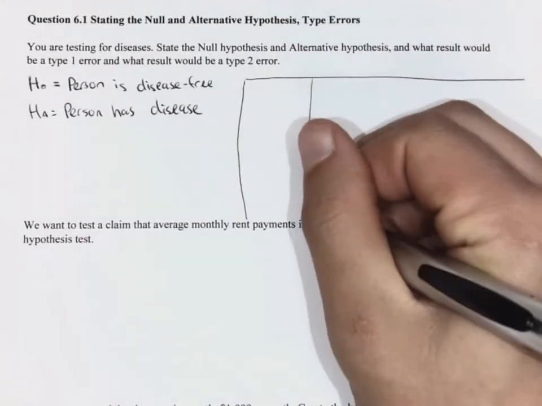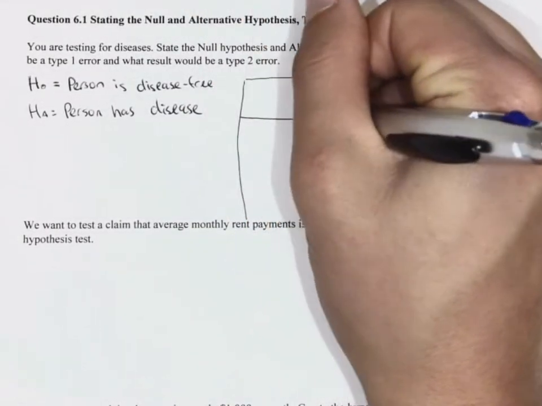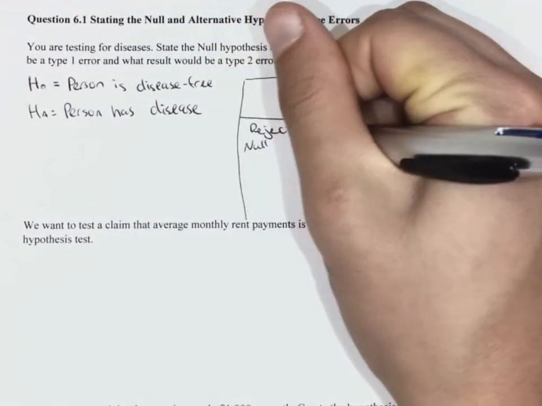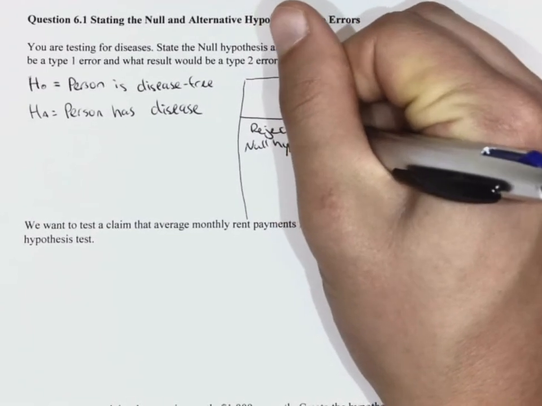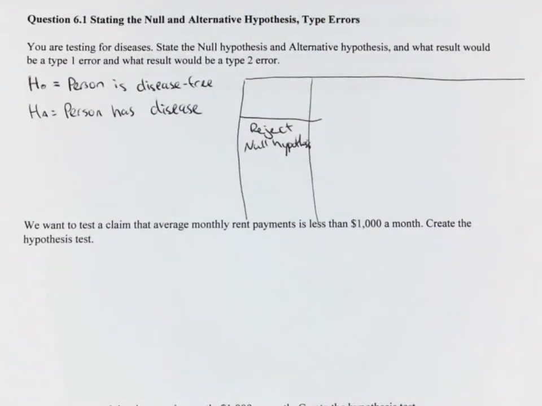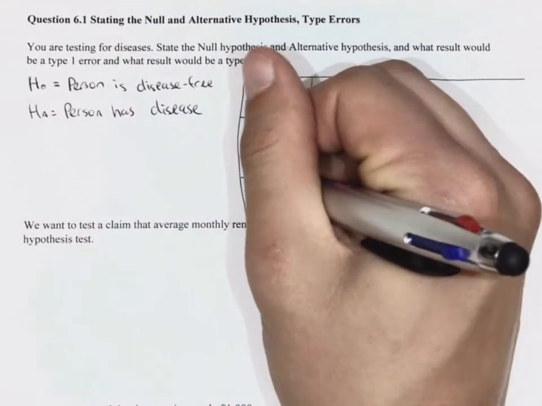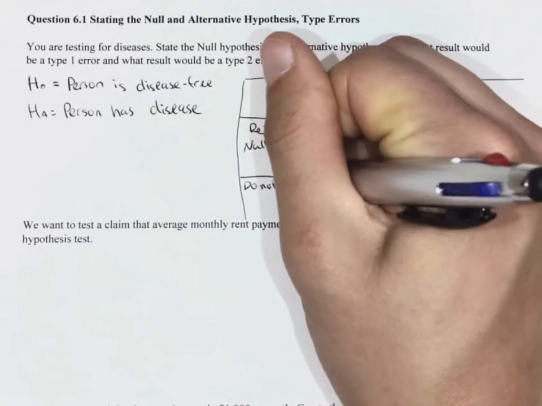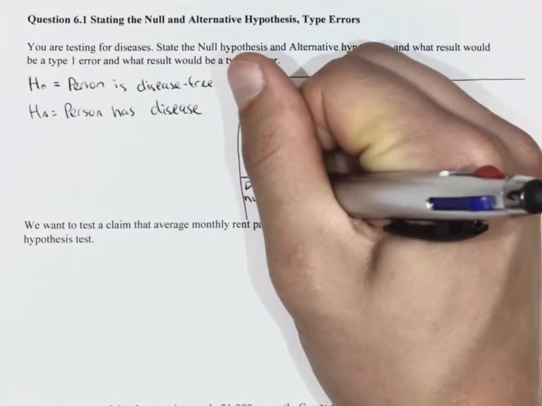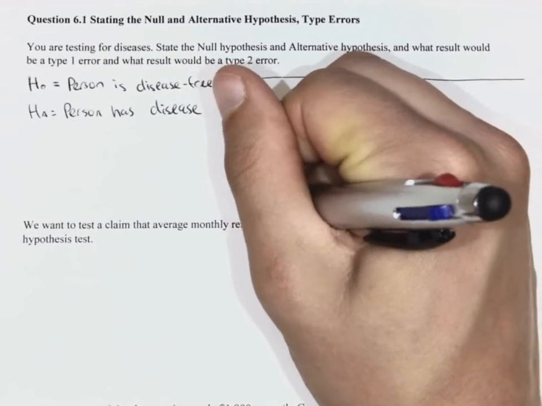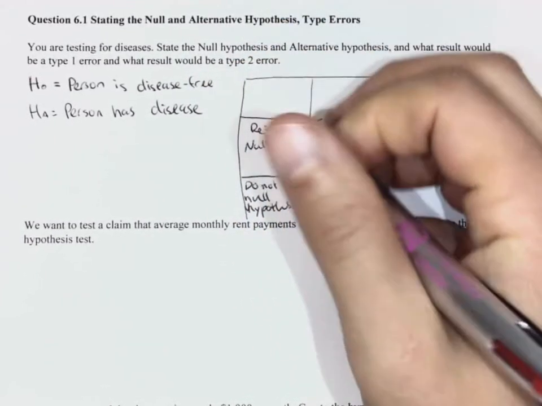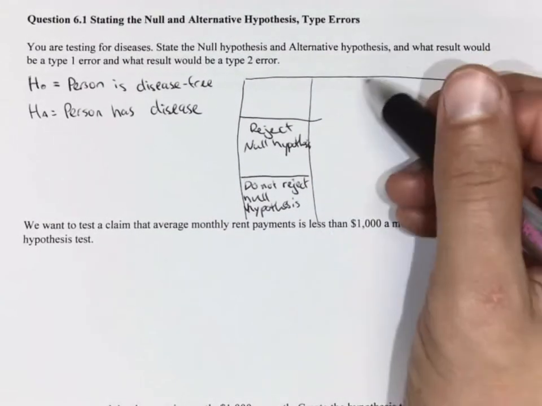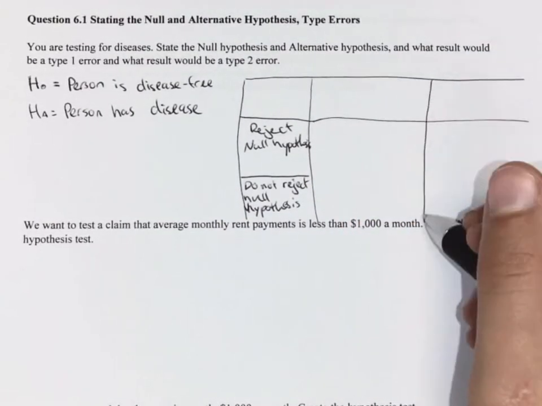So here we have our decisions. So we can reject the null hypothesis, or we can not reject the null hypothesis. And there could be true outcomes in reality.